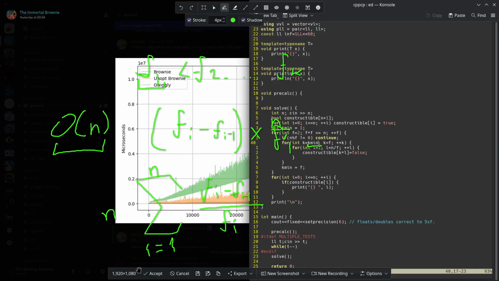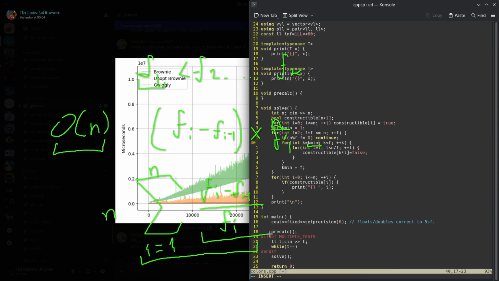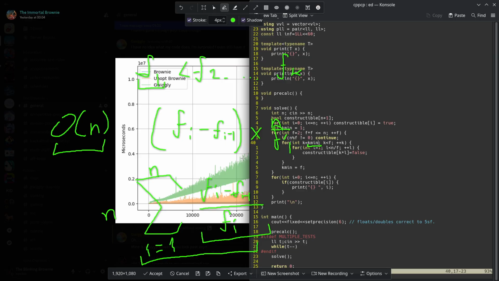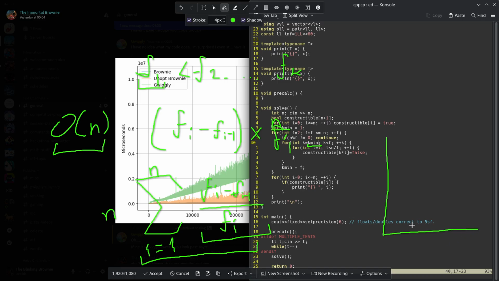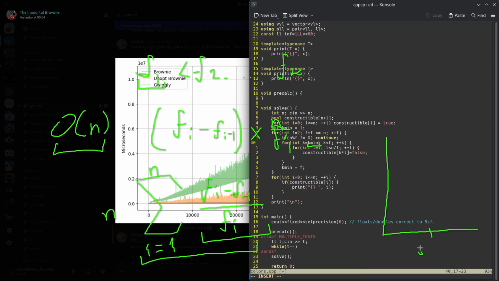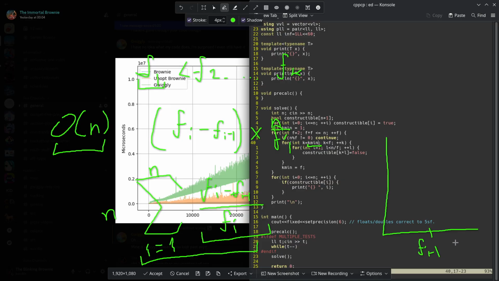Okay, so how do we analyze this? You can think of each of these terms as rectangles, okay? If you plot it in a graph, let's say this is f of i minus 1, and this is f of i.